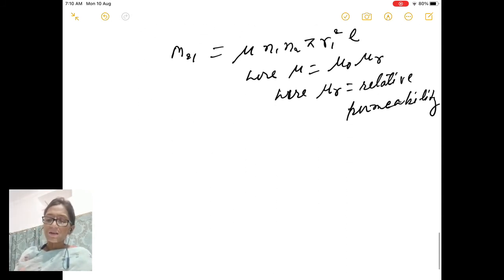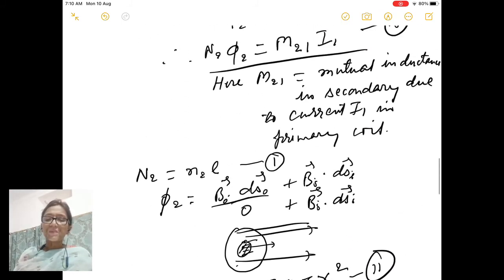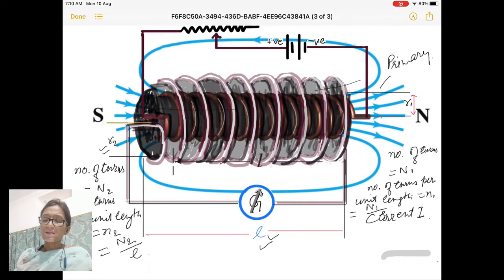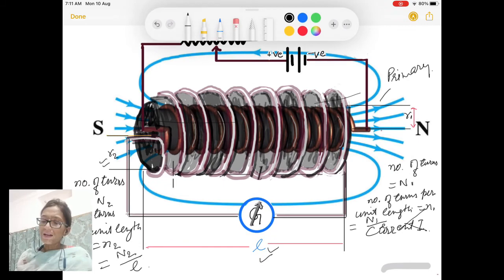Now let us do it reversely. So let us think that current is flowing in the outer solenoid, not in the inner. Everything is the same, but the current in this case is flowing through the outer solenoid.